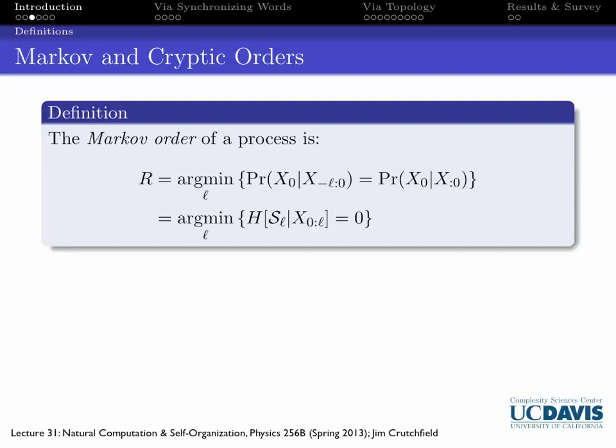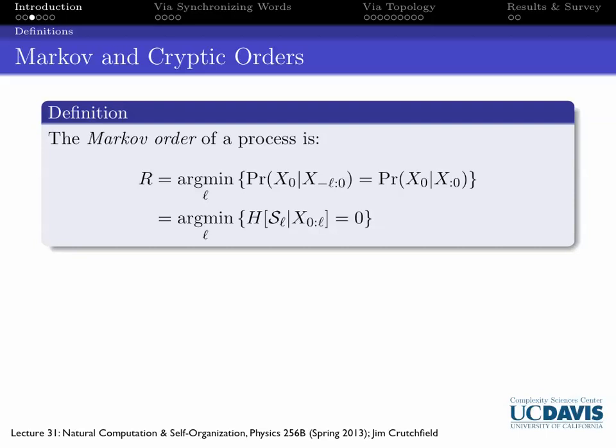Knowing exactly because the entropy is 0. Yeah? So why is it x from 0 to L instead of -L to 0? So because these processes are stationary, we can shift the index we call 0 anywhere we want. And writing it this way will make more sense when we define the cryptic order. So I shifted it over.